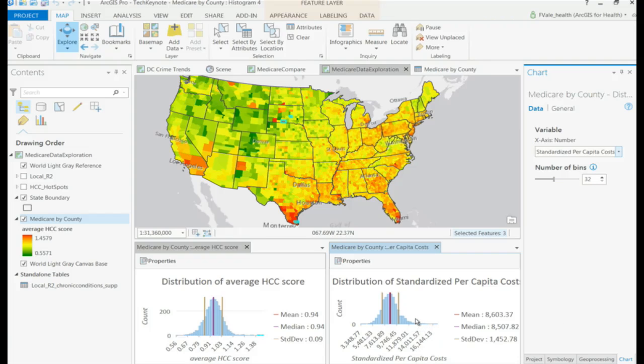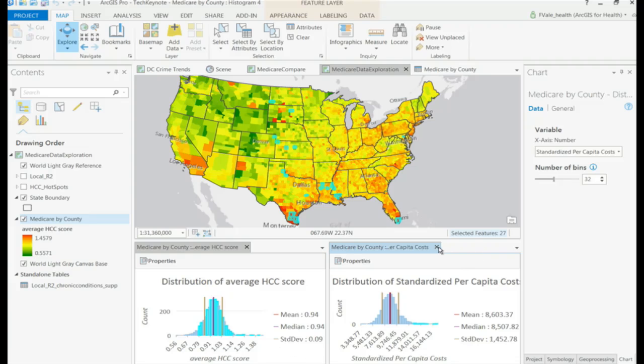And so now if I highlight the counties that are spending the most, I see that in my distribution of HCC scores, those are kind of falling all over the place. So now I'm kind of curious, is there a relationship between the health of the population and how much we spend per beneficiary? Because in trying to understand why we spend more in some places than others, common sense might say, well, maybe the people are sicker where we're spending more money.